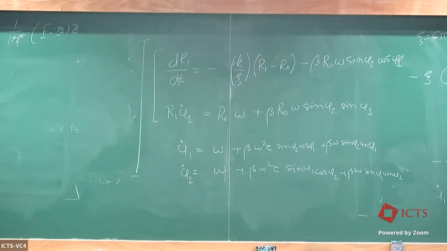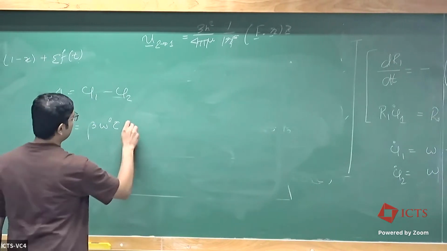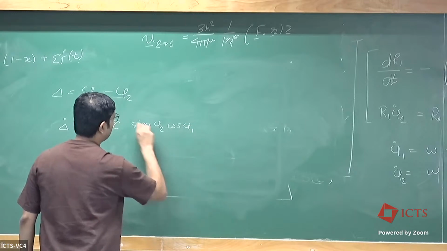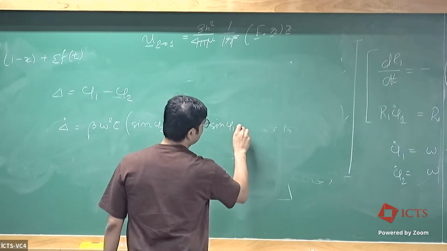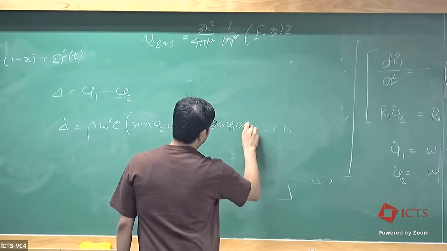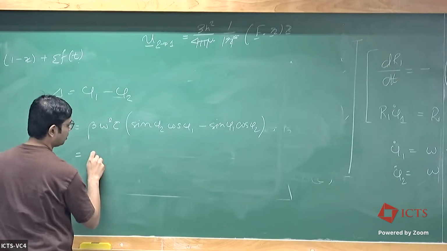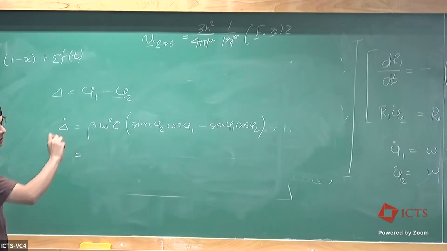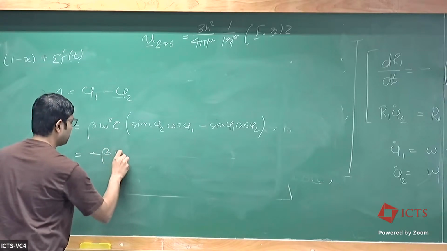This is beta omega squared tau times sine phi2 cosine phi1 minus sine phi1 cosine phi2, right? What is this? It is sine of phi1 minus phi2? So if I want to write in terms of delta, what should I do? Okay, so I can put this.